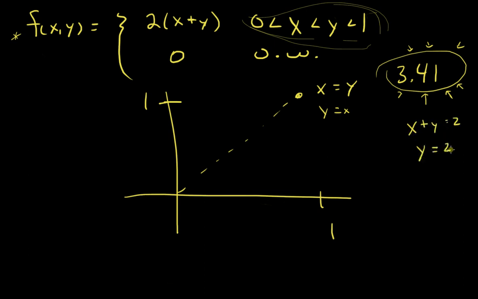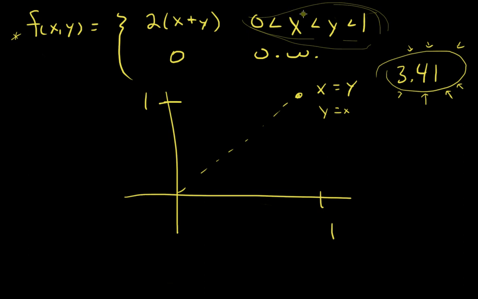So you draw the line 2 minus x, and then you have to write it both ways, so 2 minus y. So the line is both of these written both ways. So, anyway, sometimes you have to write it out both ways and do a little bit of algebra there. Okay, so this is this line here.